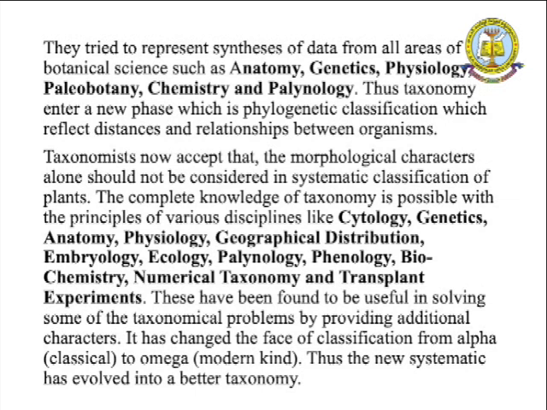This has changed plant classification from alpha to omega classification. Alpha classification is also called artificial classification. What is the meaning of alpha classification? It identifies plants by morphological characters, one or a few characters.